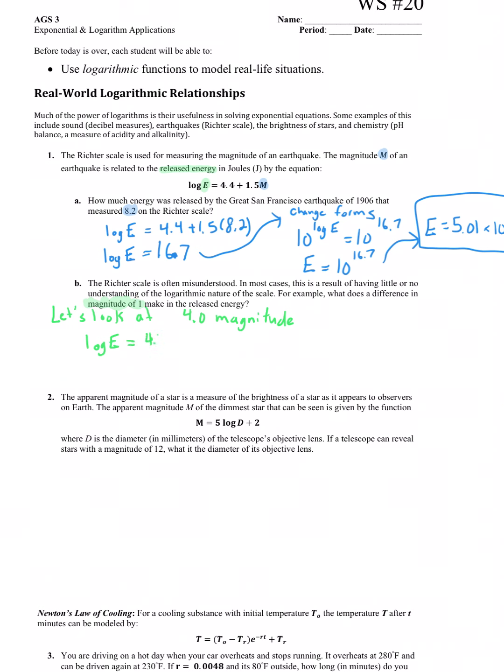So you go ahead and plug in 4 here, 4.4 plus 1.5 times 4. And then over here you could do maybe a 5.0 magnitude. And we'll compare the difference in strength of these two earthquakes.